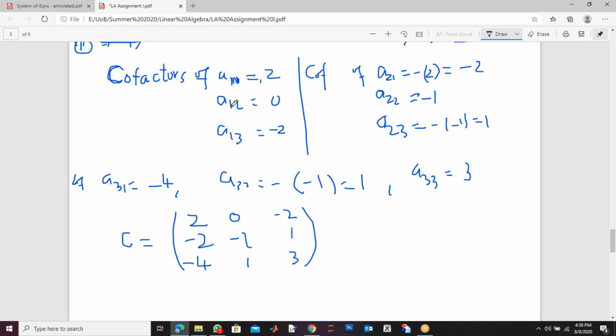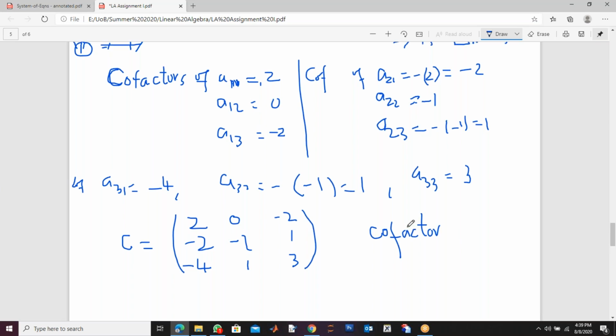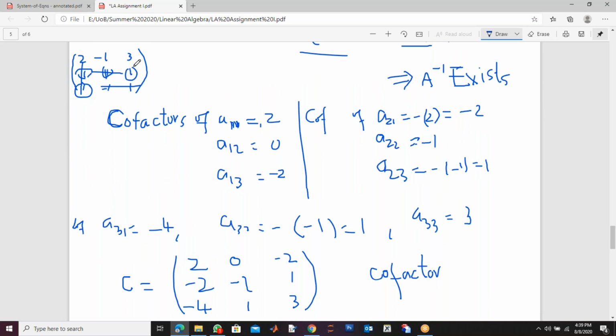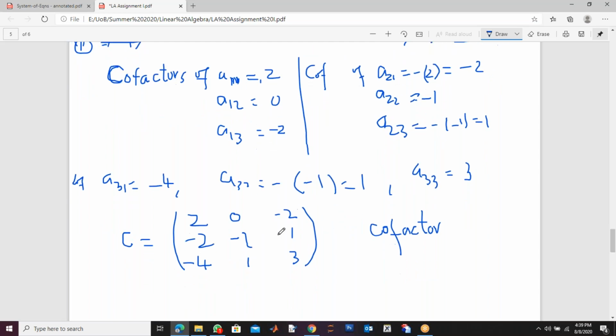See, for A11, A12, A13, 2, 0, minus 2 in the first row. This is the cofactor matrix. It's not the adjoint. I replaced every number by its cofactor. We replaced this 2 by its cofactor, we replaced minus 1 by its cofactor, we replaced 3 by its cofactor. So we replaced every entry by its cofactor.